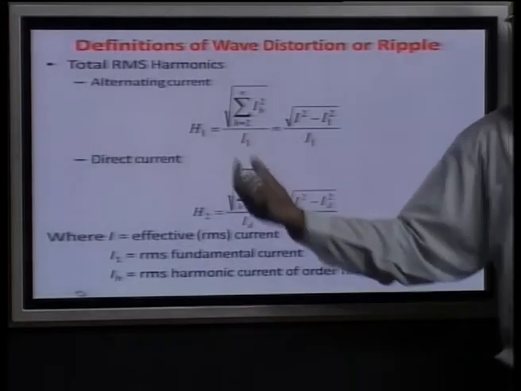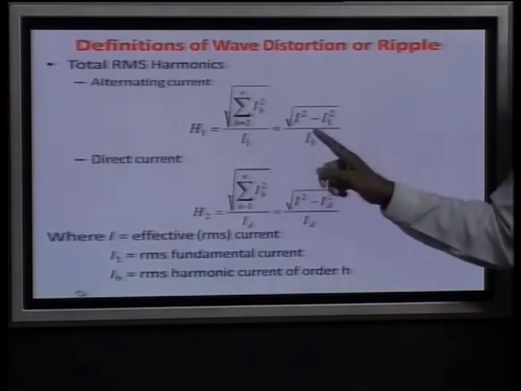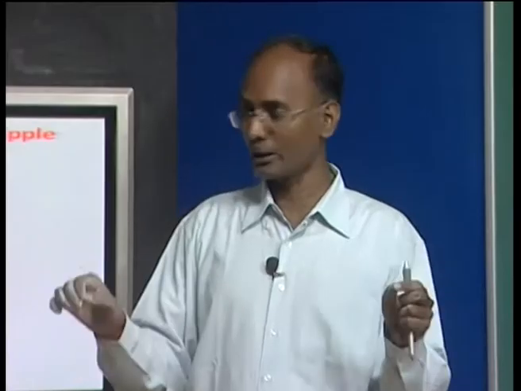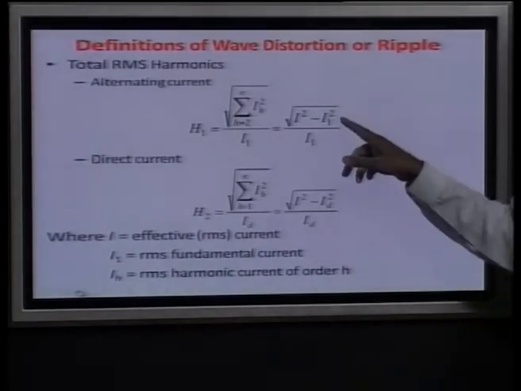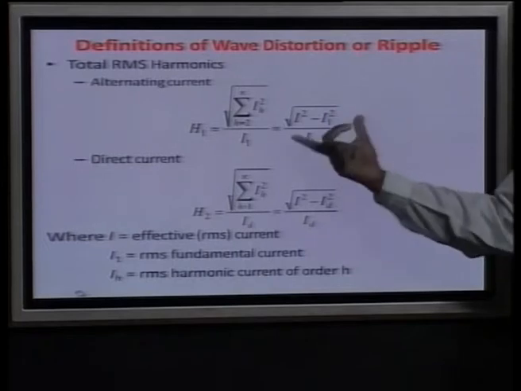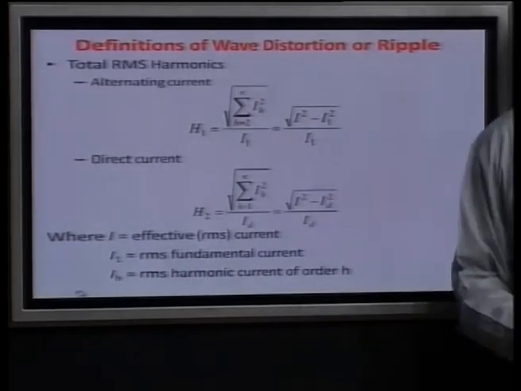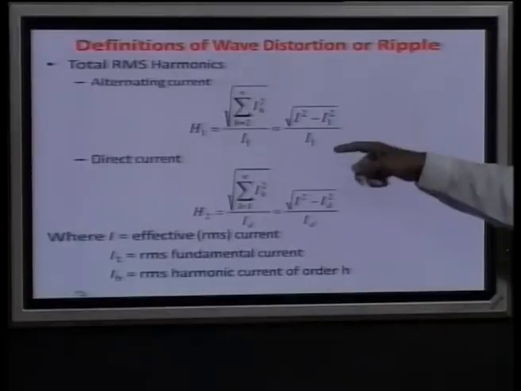So this is the H1 index for your alternating current. This can also be defined as: the total I, that is the effective RMS current, minus the fundamental component squared, you take the square root, divided by the fundamental, and you get this H1 component. So this is one indicator of how much harmonic component you are having in per unit, because it is current divided by current, it is in per unit.